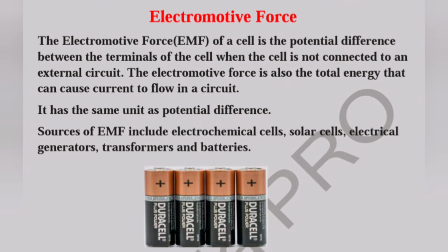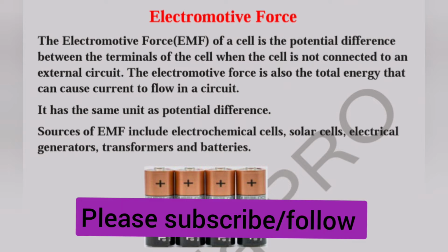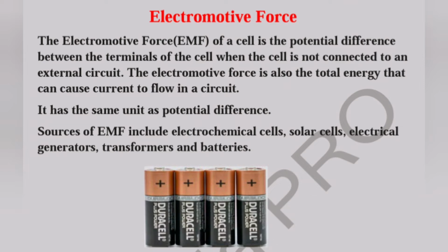So when you have a battery or a cell that is not connected to anything, the highest potential difference you get between the terminals is the electromotive force. Another way of looking at electromotive force is this. The electromotive force is the total energy that can cause current to flow in a circuit. Just like potential difference, electromotive force is measured in volts.